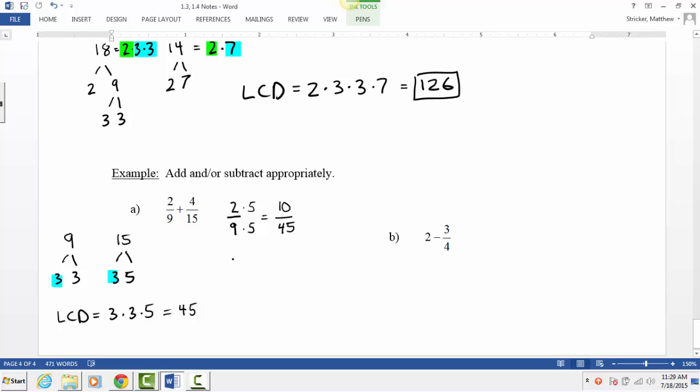Same thing with the other answer. I'm going to take my 4 15ths. What do I need to multiply the top and bottom by to get 45 for the bottom? Well, I need to multiply 15 by 3 to get 45, but if I multiply the bottom by 3, I need to multiply the top by 3. So this one becomes 12 over 45. So what I'm really adding up here is 10 over 45 plus 12 over 45. 10 plus 12 is 22 out of 45.